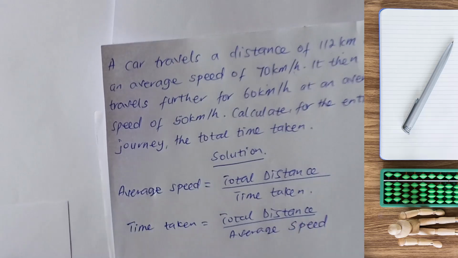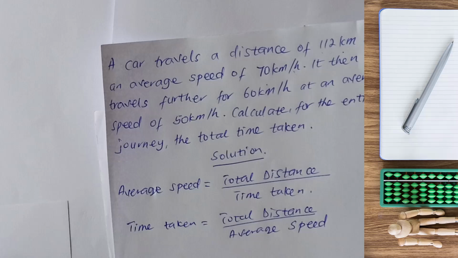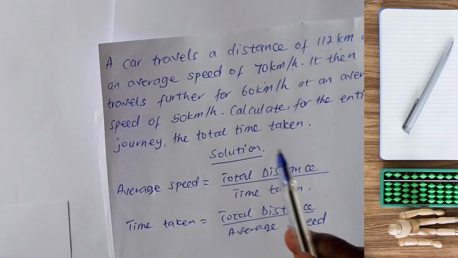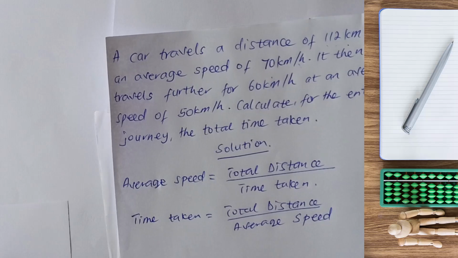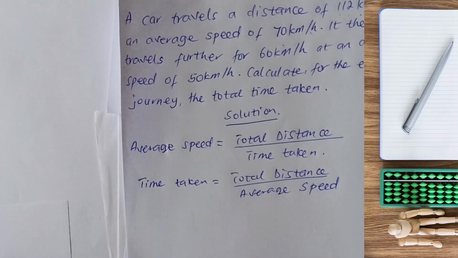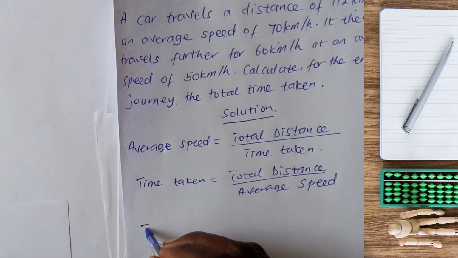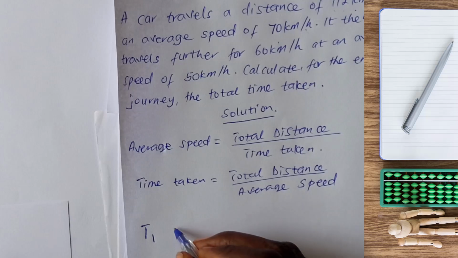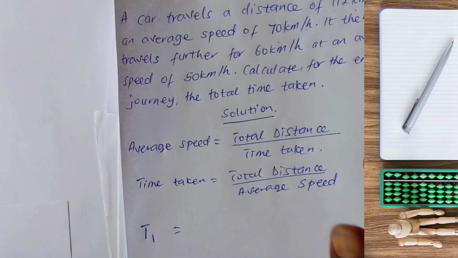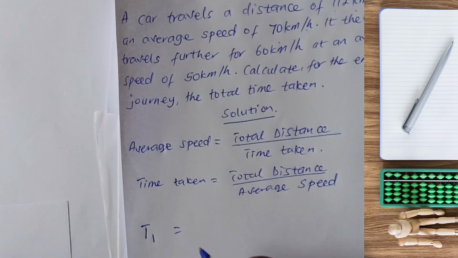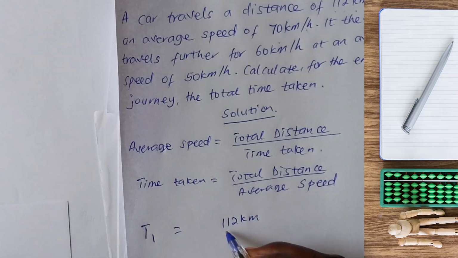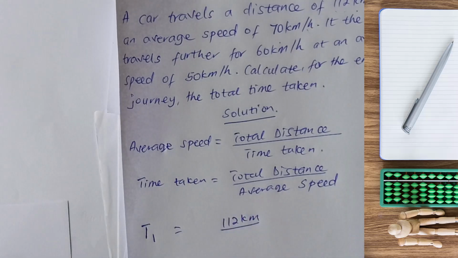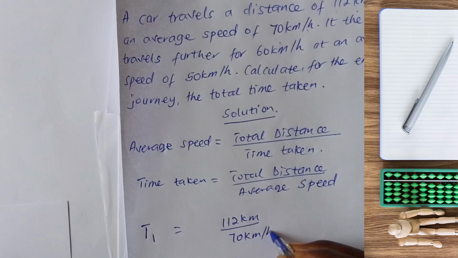Since the question is demanding the total time taken for the entire journey, let's find the total time taken for the first part of the journey. Let's call that time 1. Time 1, the distance for the first part of the journey is 112 kilometers, all divided by the speed, which is 70 kilometers per hour.